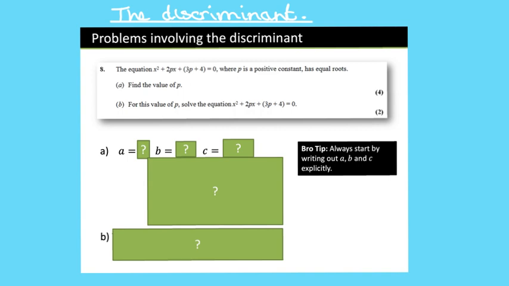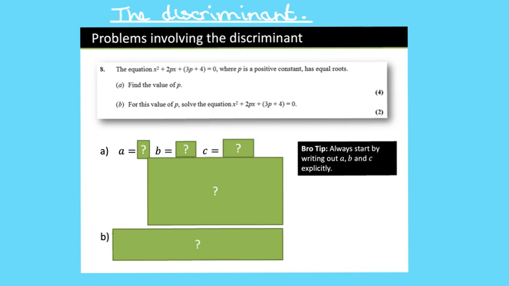Here is a typical IB question. The equation x squared plus 2px plus 3p plus 4 is equal to 0, where p is a positive constant, has equal roots. A, find the value of p.